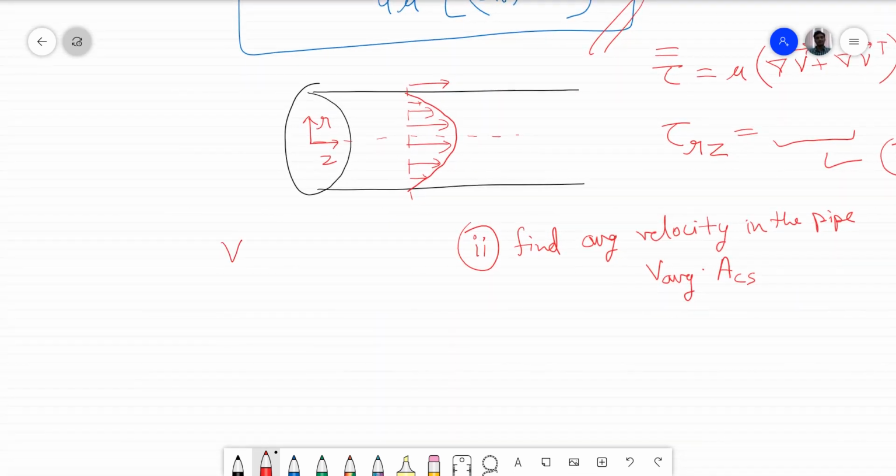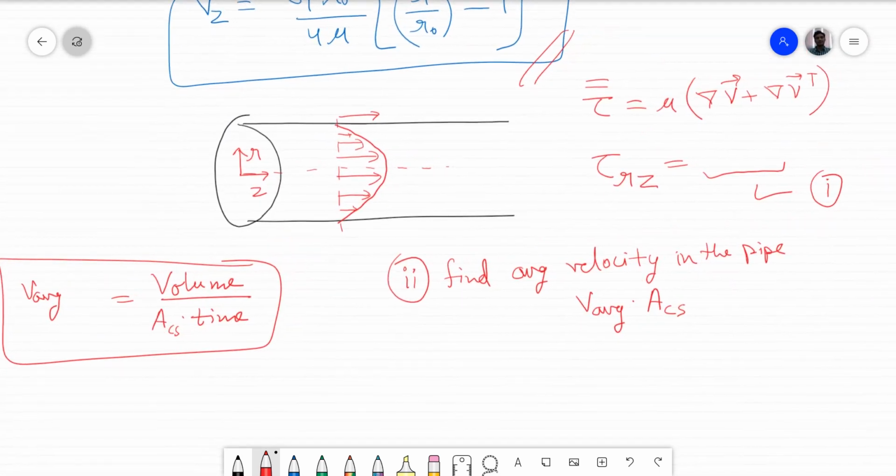So it will give you volume flow rate, volume per unit time, and that is V average times area of cross section. So if you divide this by area of cross section, you get average velocity inside the pipe.